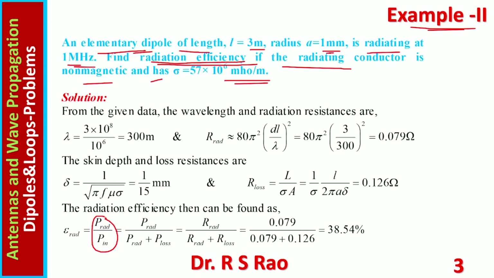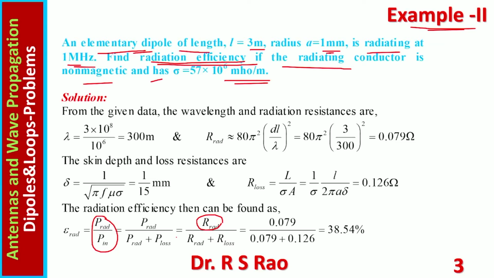Input power to the radiator gets split into two parts. One part is radiated power, another part is loss power. Radiation resistance is a quantity proportional to radiated power, whereas loss resistance is a quantity proportional to loss power.